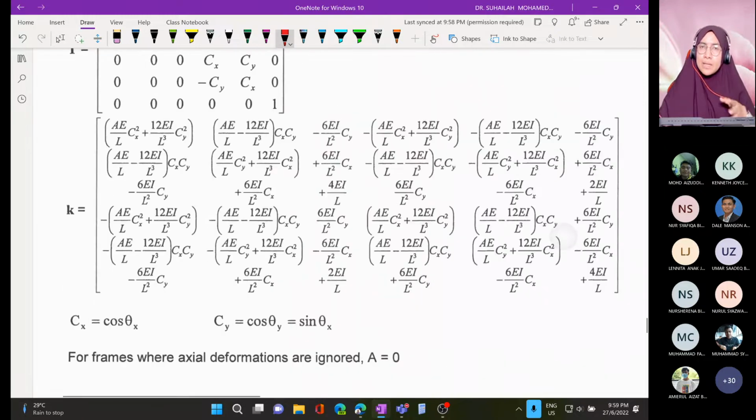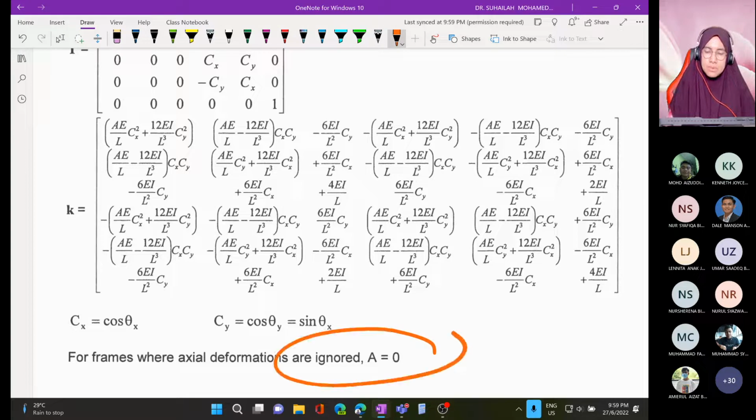And we will label the degrees of freedom, starting from near X, Y, Z, far X, Y, Z. Anyway, don't worry because normally A will be neglected, so everything with A will cancel.